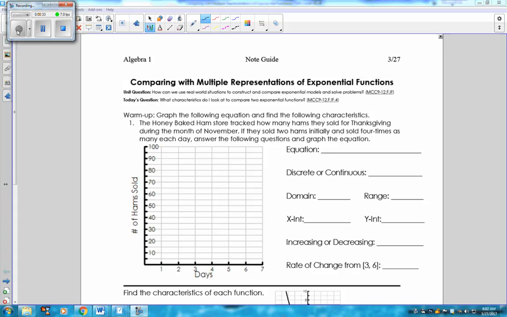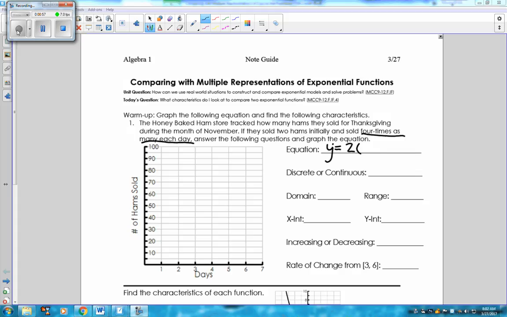So I'm going to have y equals, how many did I sell to start with? 2. So A is 2. So I'm going to write 2 and then a parentheses. How many times does it increase? 4 times as many each day.